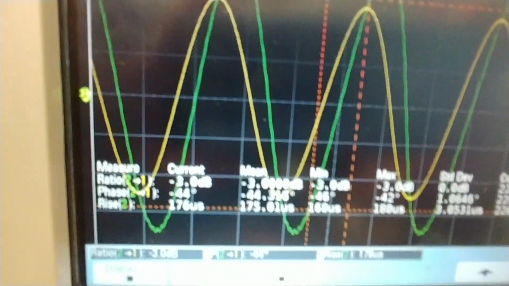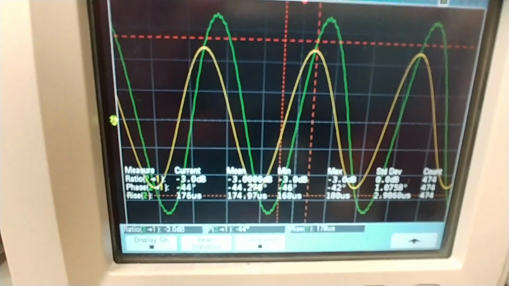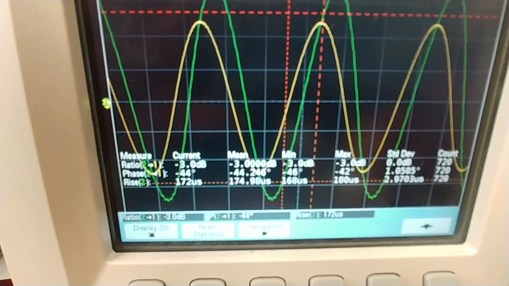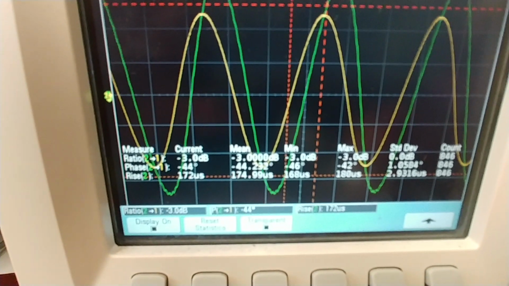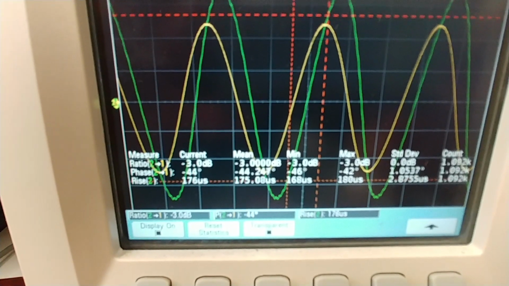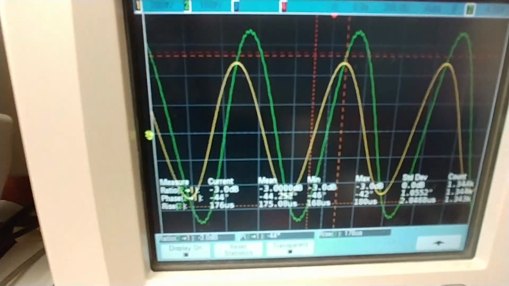Alright, so now I'm over here, got it zoomed in a little bit, and the ratio I'm getting is minus 3 dB at about 44 degrees, so it's not exactly right.